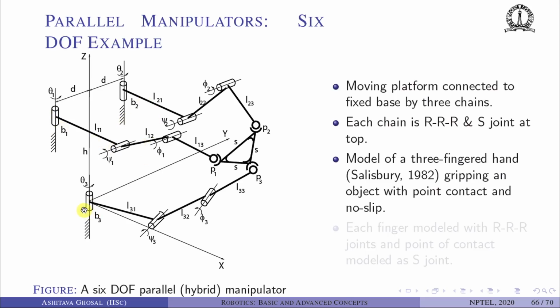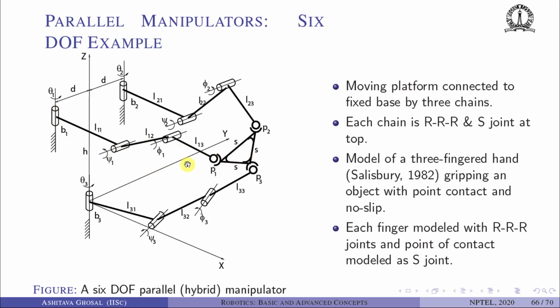This is a model of a 3-fingered hand gripping an object. When you grip an object, there are various kinds of contact between the fingers and the object, and one such model is a spherical joint. It is called point contact with friction. The point of contact between the finger and the object is modeled as a spherical joint, and each finger is modeled with 3 rotary joints.